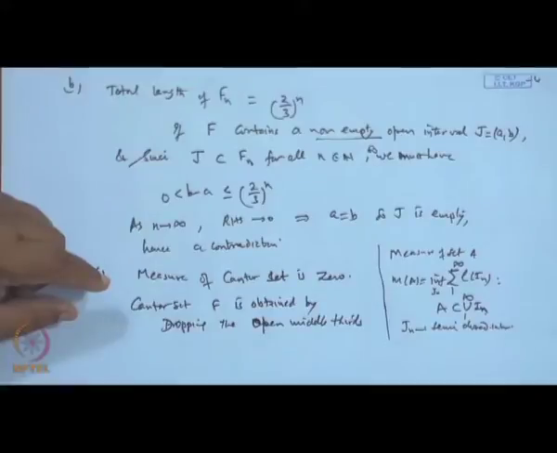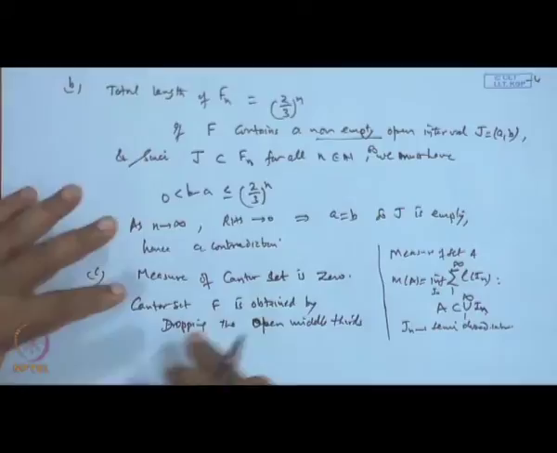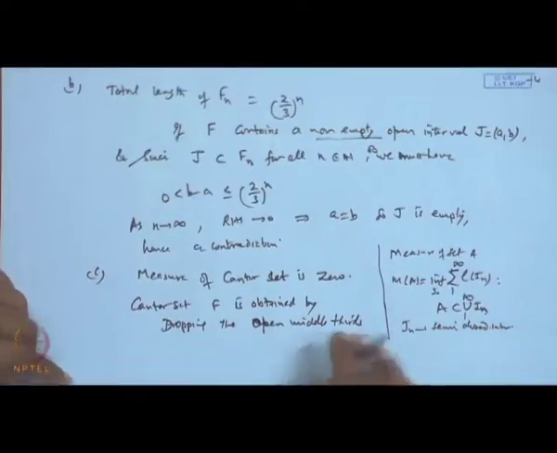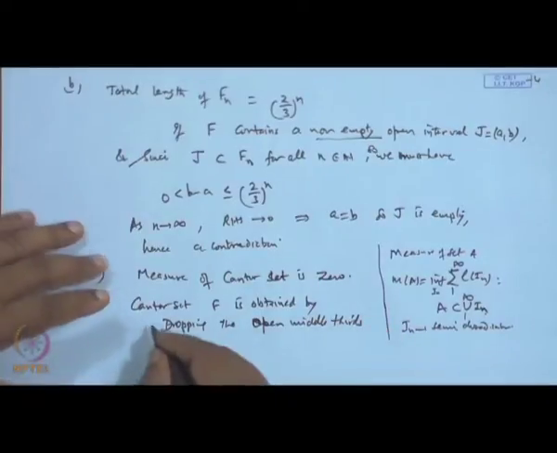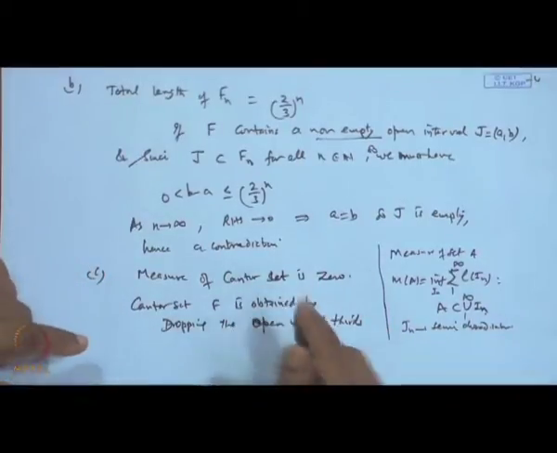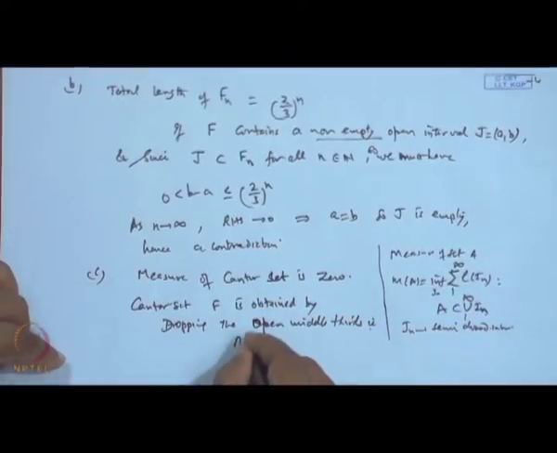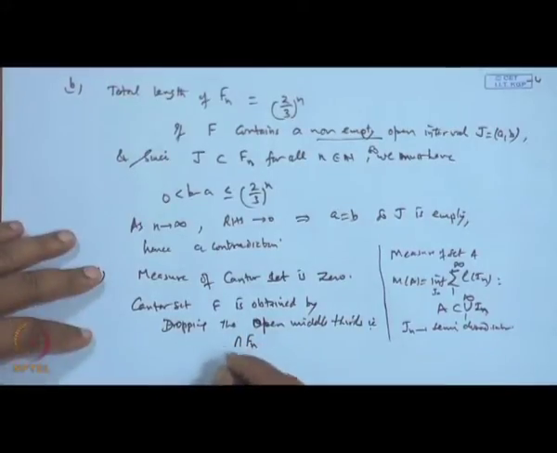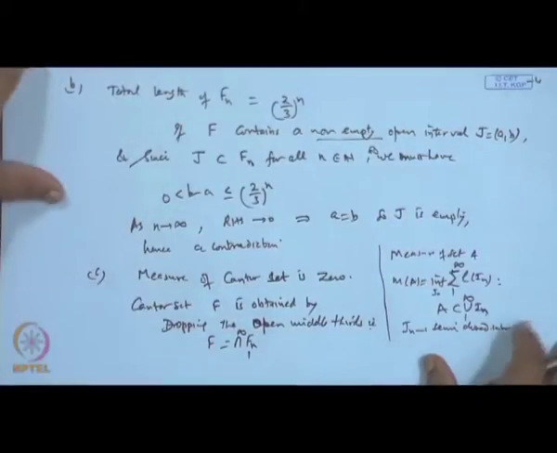So what remains is nothing but the Cantor set, obtained by successive dropping of middle thirds. The intersection of F_n, n from 1 to infinity, will be the Cantor set F, where the F_n are the remaining sets, and then we take the intersection.